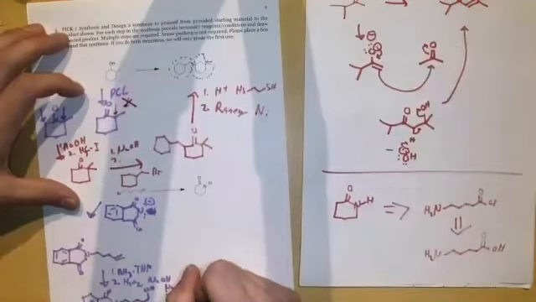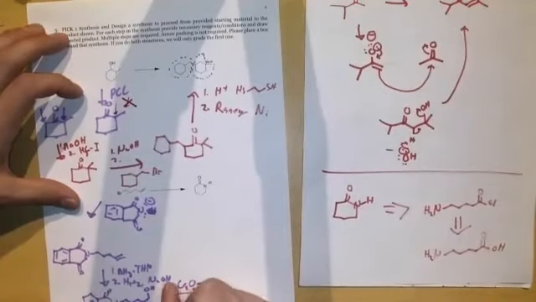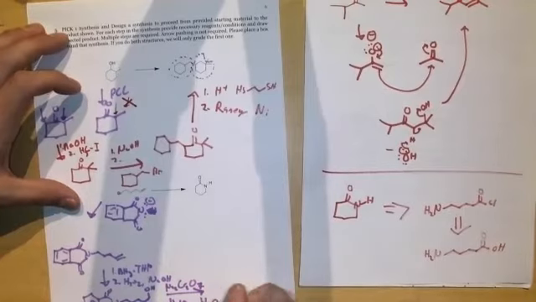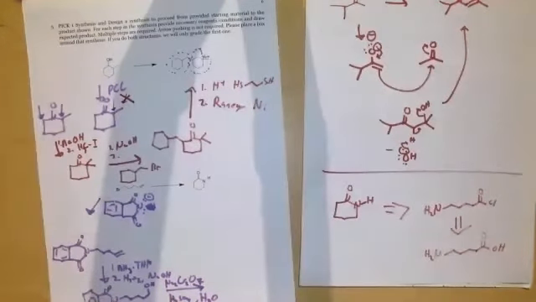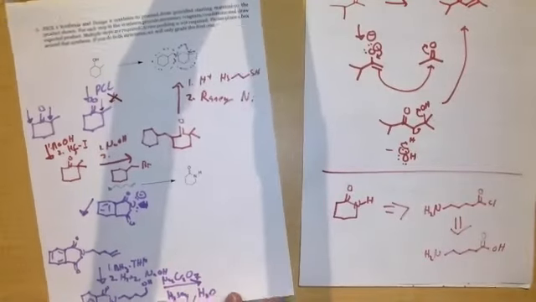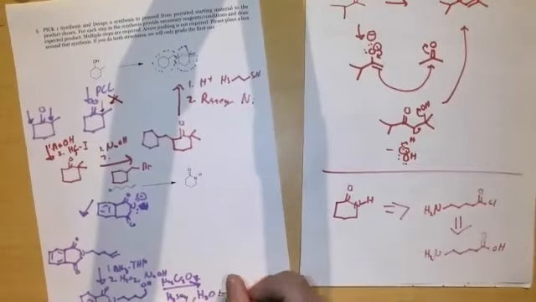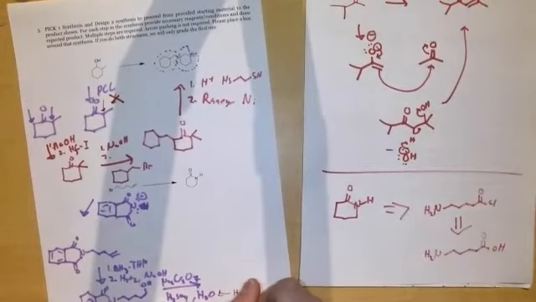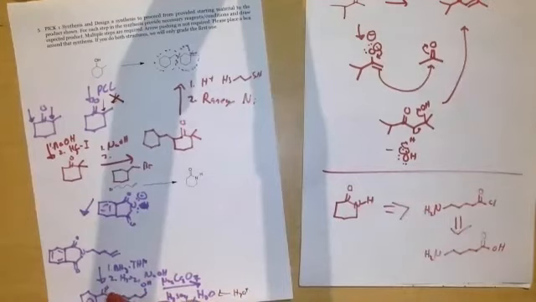This is actually going to serve two purposes. One of the ways you can remove this phthalimide is with H3O plus. H3O plus is just H2SO4 and water. Generally, that's what you're using when you're using H3O plus. So this will oxidize this to a carboxylic acid, but it's also going to cause this to fall off.